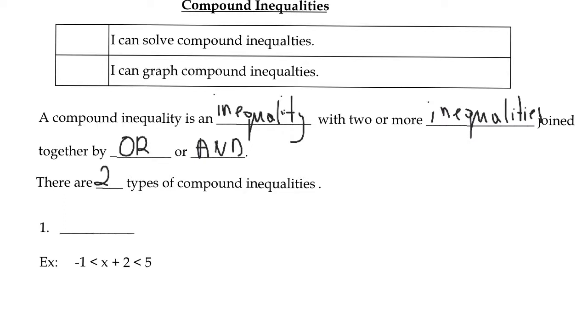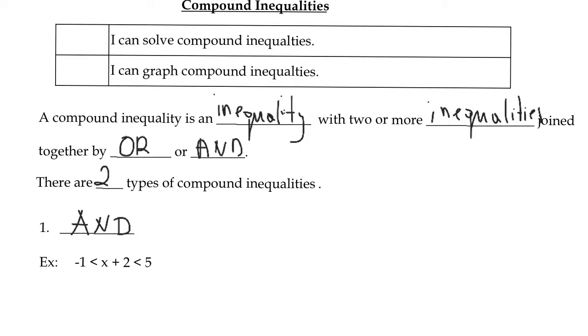We can also read this way. X plus 2 is greater than -1 and x plus 2 is less than 5. So example number 1 will be and, because we have x plus 2 between two numbers, between -1 and 5.